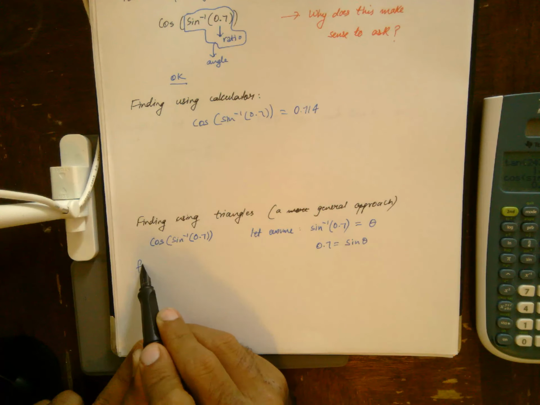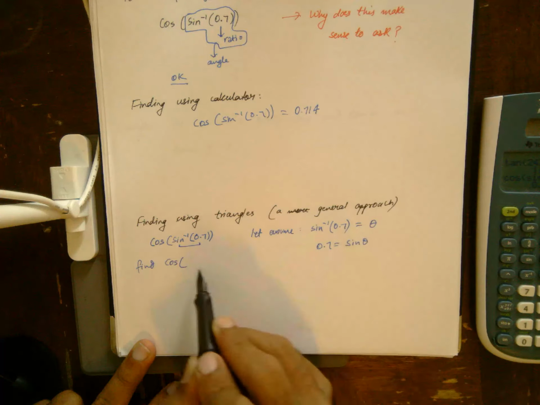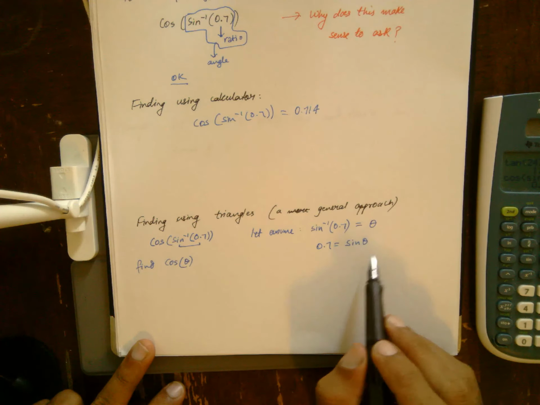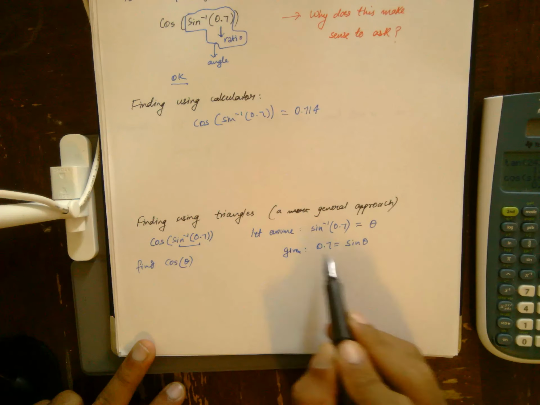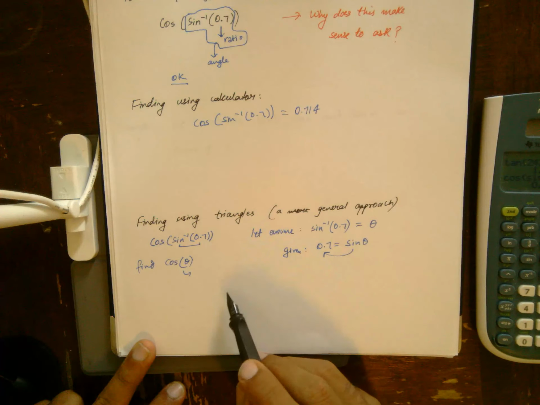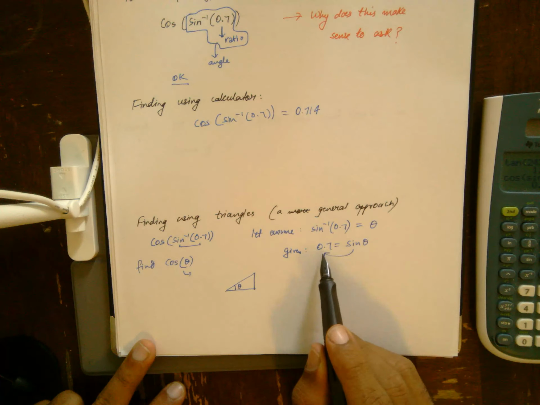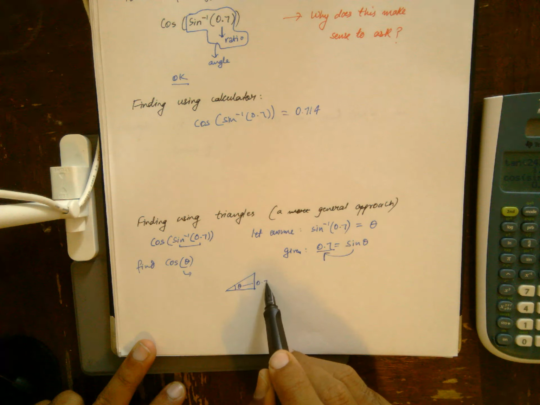You're trying to find cosine of sine inverse 0.7, which is just cosine theta. So what this question has reduced to is what we did in week 1, which is given that sine theta has a value, what is cosine theta? And we know how to solve that. You just construct a right angle, write 0.7 as 0.7 over 1, so it's 0.7 and 1.